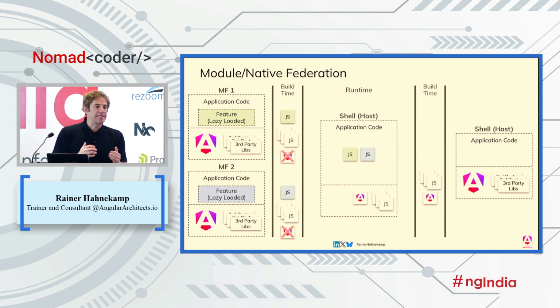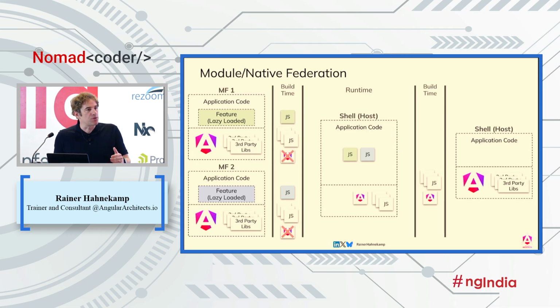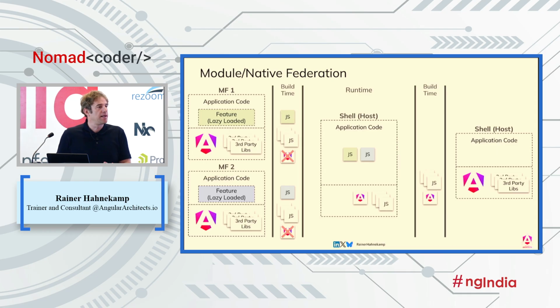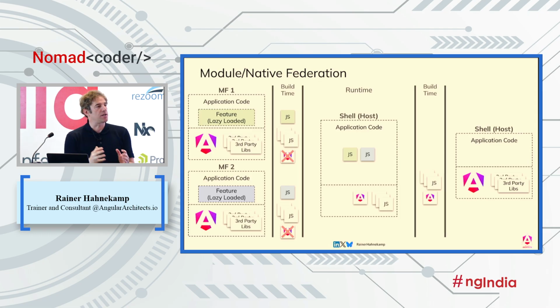And then the browser is smart enough to understand what dependencies it has already loaded, and it says everything is already there except the signal store. Then it says, okay, then I just need to load the signal store, but not the rest. And this is why it is so important that all the libraries that we are using are completely separated, so that we can very specifically load a certain library which we don't have. And this works under the hood. We don't have to care about it.